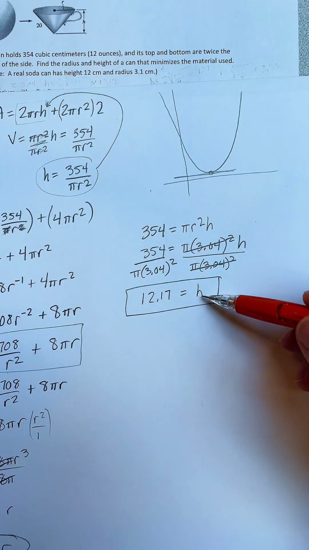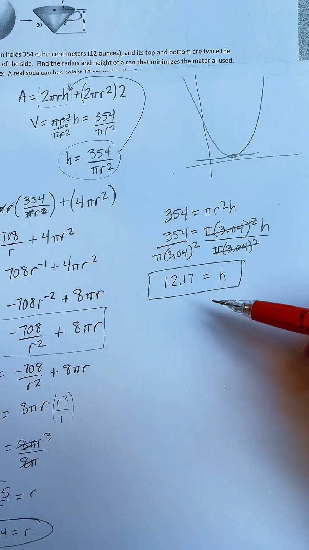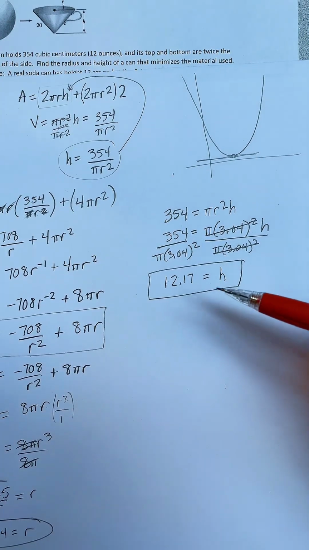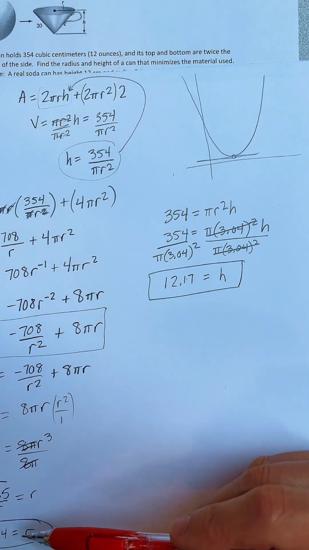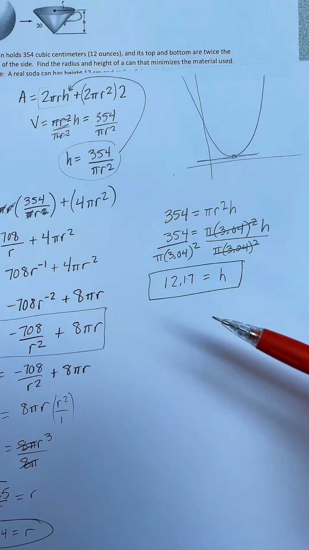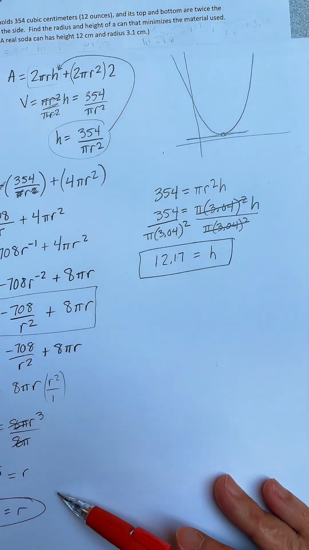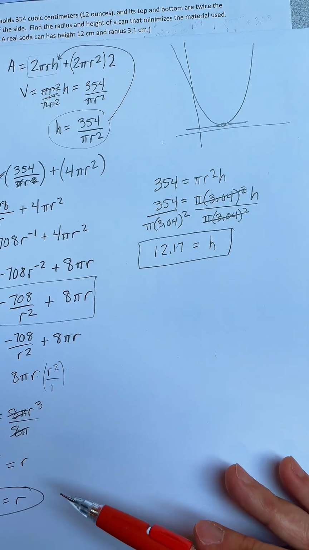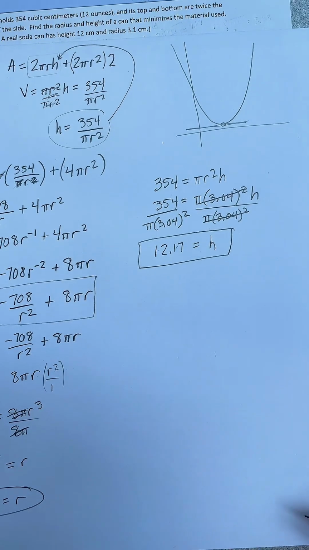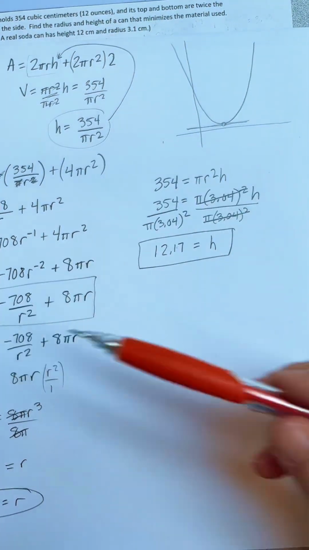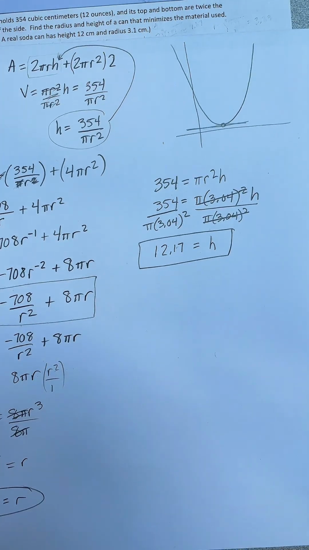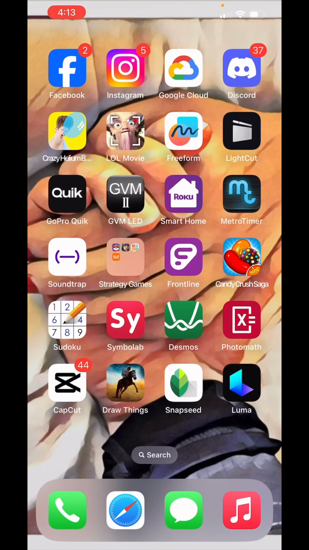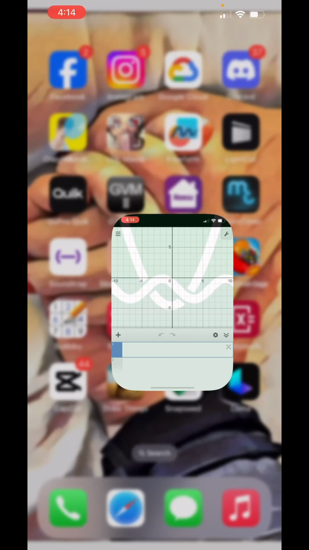So now we know to minimize the materials in the can, we need our h value to be this and our r value to be that. And that's kind of the magic of calculus, is that you can actually solve these complex problems if you understand the nature of how to use the derivative. So there you go.